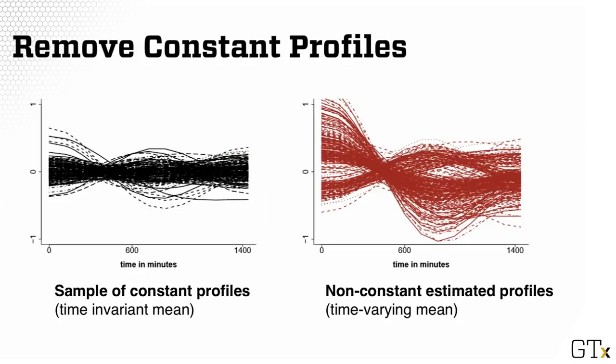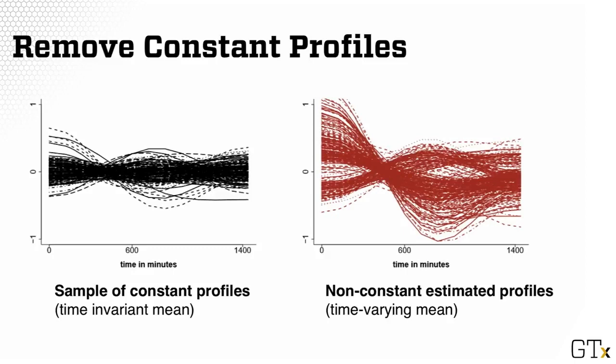Clustering accuracy can be impacted by the presence of a large number of non-informative or constant profiles, as in this example. Thus, a first step is to identify those profiles which are non-informative.